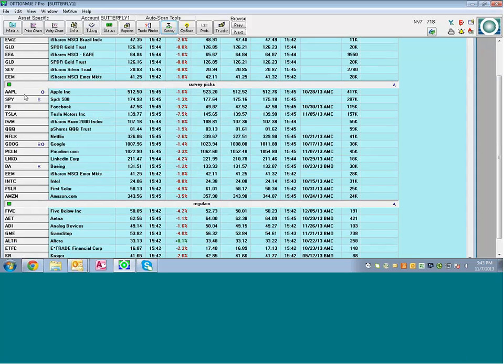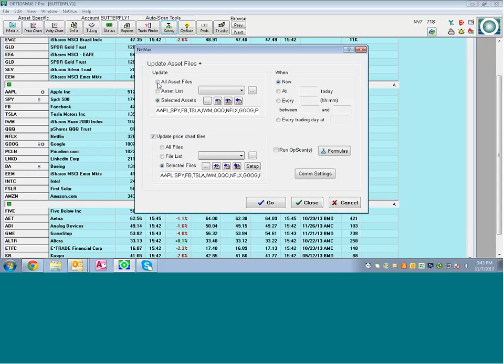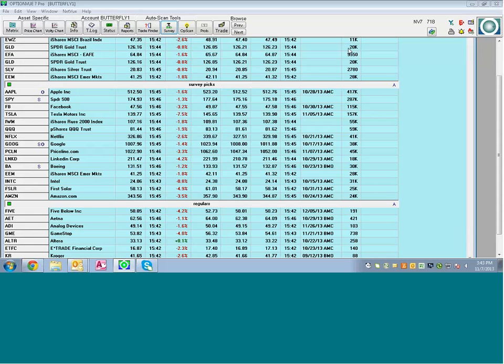So now that they're here, I've actually updated prices on all of these by going to NetView and, remember, update asset files, and then I hit the selected assets, number 3 button, and I chose the copy all assets from currently selected group. Well, this group is the group that's selected. Let me just make sure. So I selected something on this group. I went to NetView, update asset files.